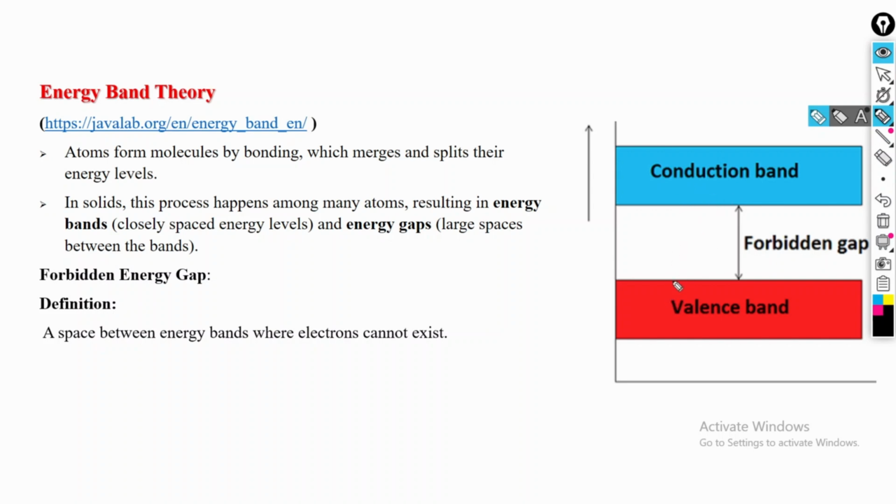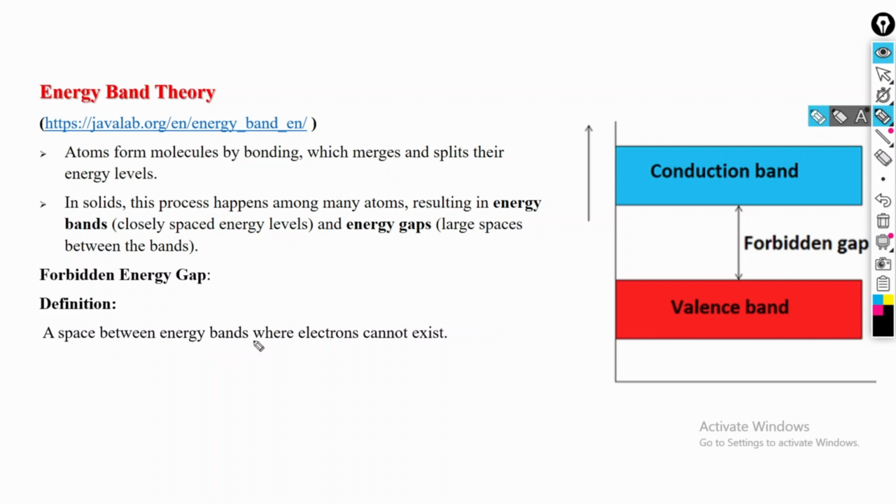The gap present between the valence band and the conduction band is where the probability of finding an electron is zero. The existence of a free electron here is zero, so no electron will be present in this gap. The electron will only be present in these bands, not in this band gap. So we call this band gap the forbidden energy gap.